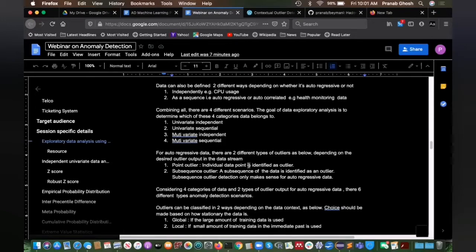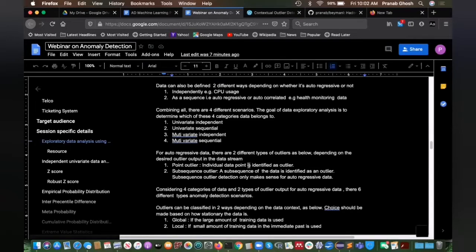That means a sequence of data is collectively detected as anomaly. Example of that might be, for example, in medical device data, for example, ECG. There you might find that a sequence of, let's say, 3 or 4 data points are kind of anomalous. So the subsequence outlier only makes sense if your data is autoregressive.